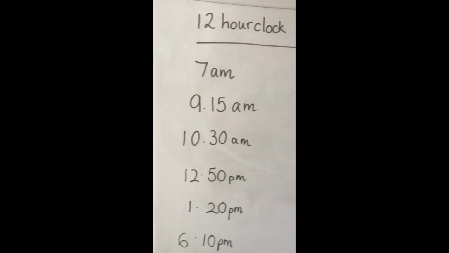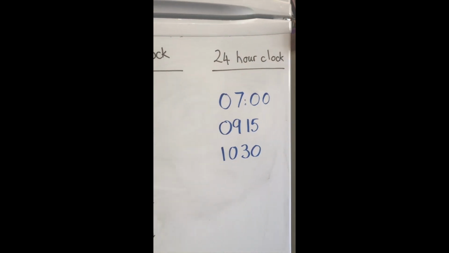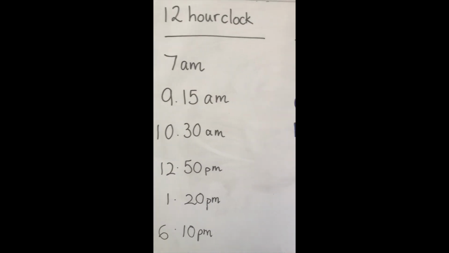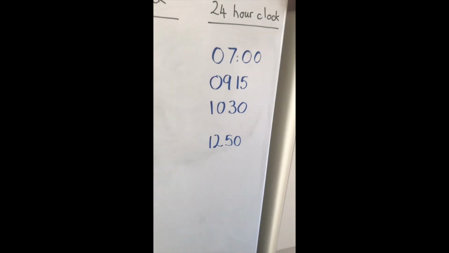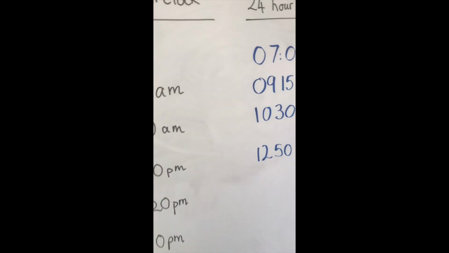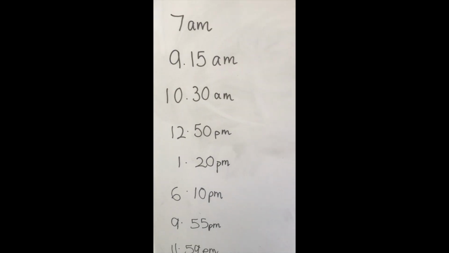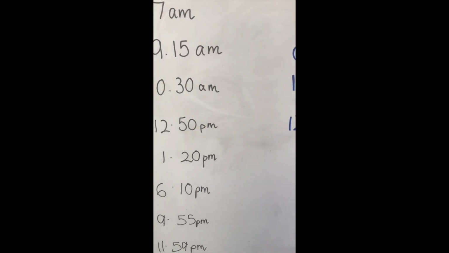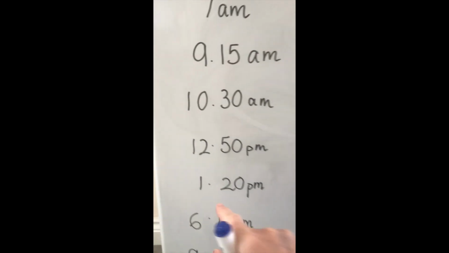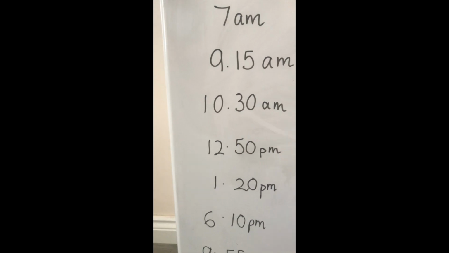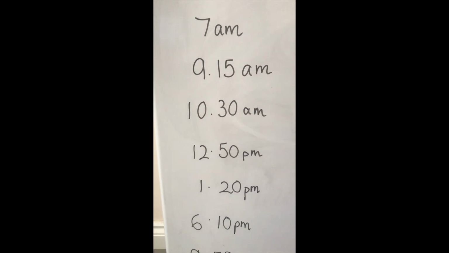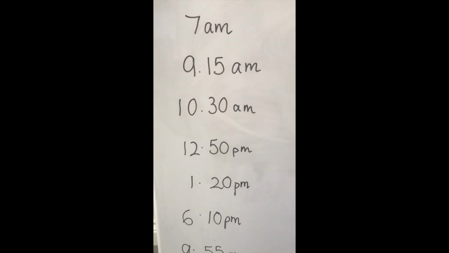You'll notice there's not much change here. They're pretty much staying the same. They stay the same until we get to the 13th hour of the day. We're into the afternoon. We have to add the number 12 to the number 1 because we're doing 12 hours extra on our clock.